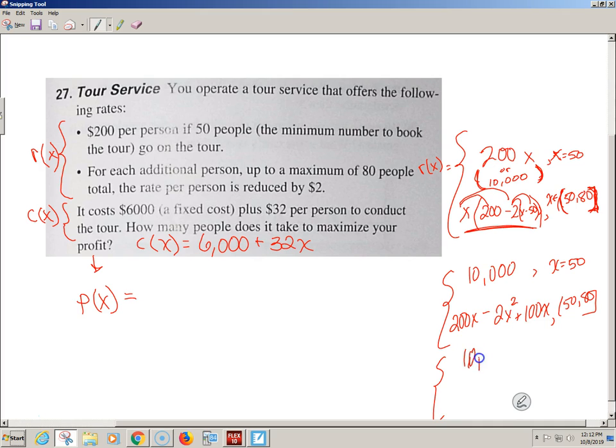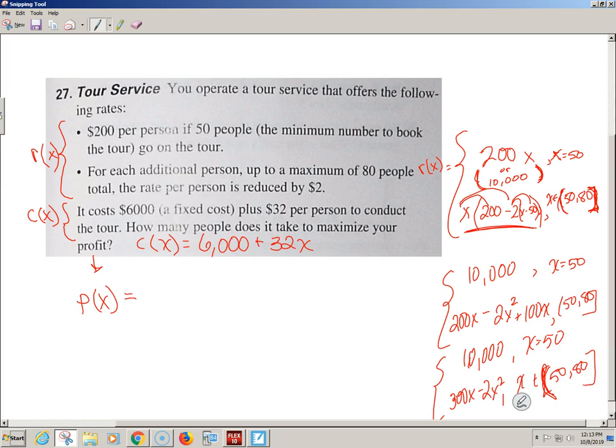So I have my 10,000 for x equal to 50, and I have my 300x minus 2x squared. But if you guys just saw the 300x minus 2x squared and you were looking at Calc BC, would you have any idea where that came from? Probably not much. Oops, sorry, that's an open interval. 50 is already accounted for up here.